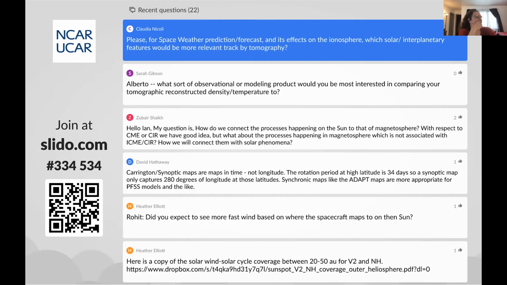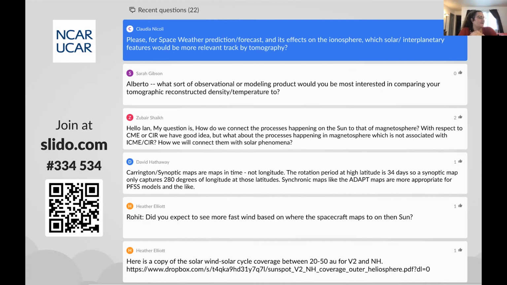Yeah, I could comment a little bit. This is Heather. If you just take the Kp index, for instance, it correlates extremely well with the solar wind speed and the density. The higher the density and the higher the speed, no matter whether it's a CME or whatever structure it is, the higher the Kp index will be.